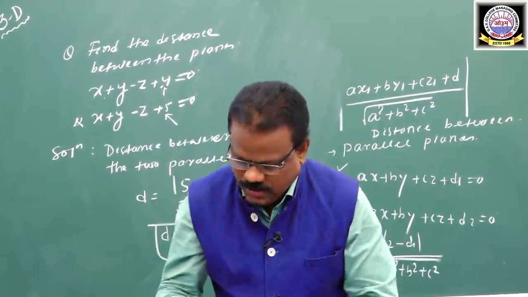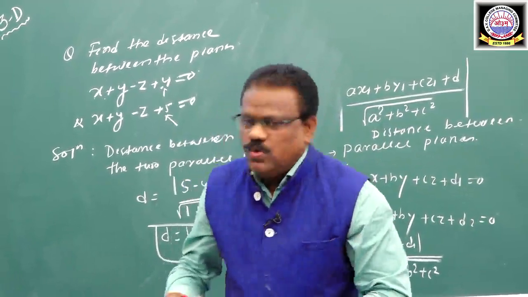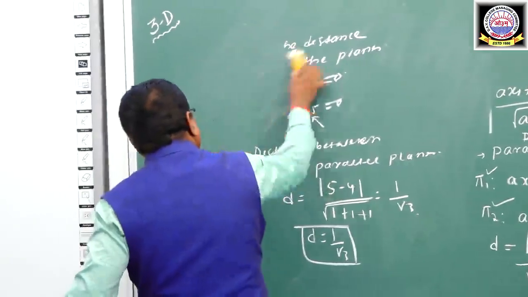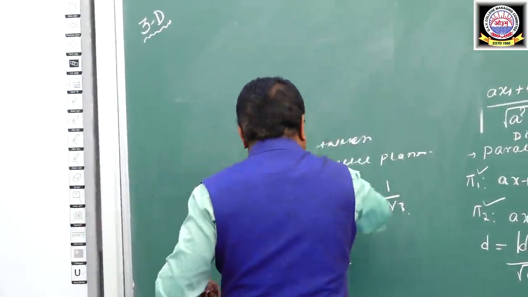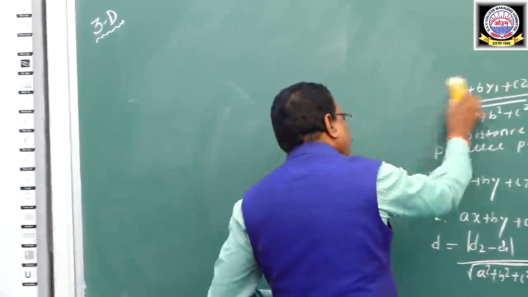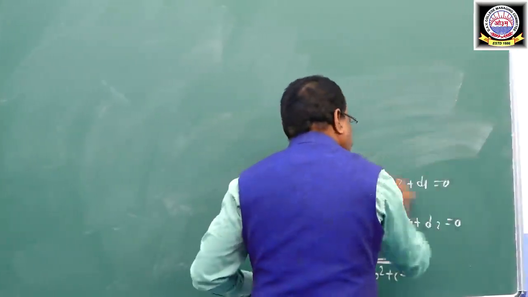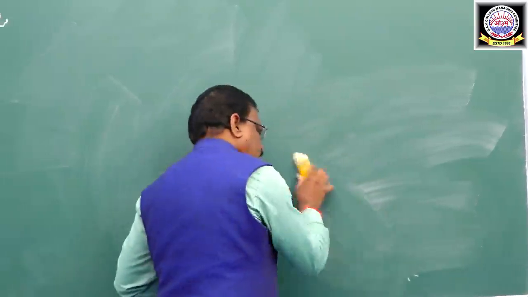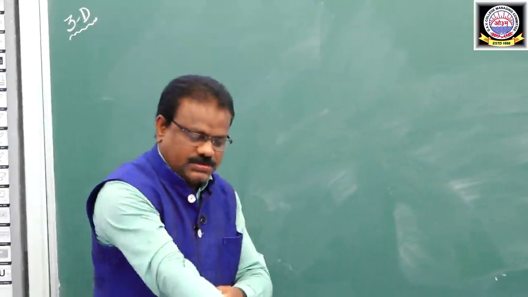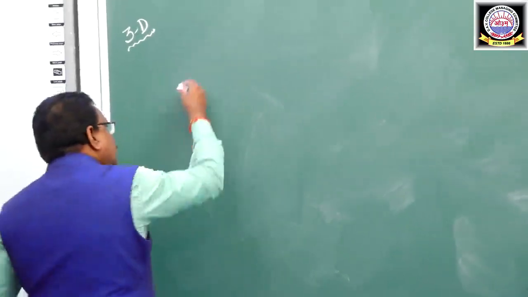Okay. So, now we will come to the most important part of this chapter, that is the point of intersection between the line and the plane. Be ready to know the concept. Concept is what?